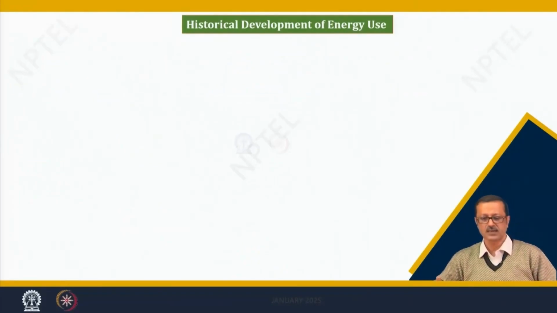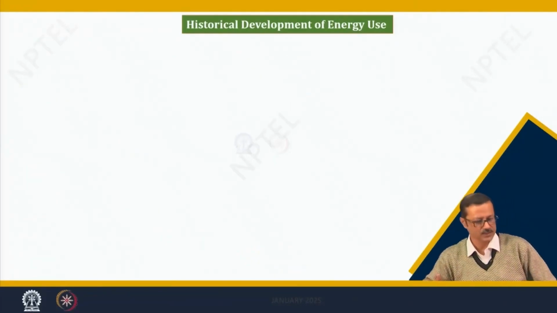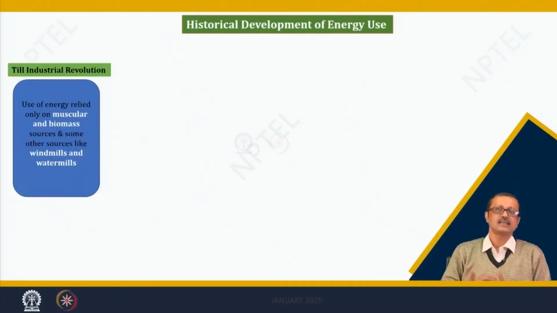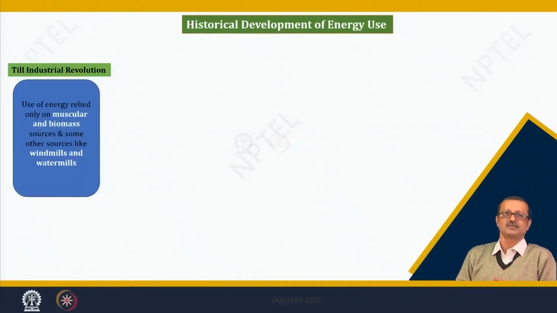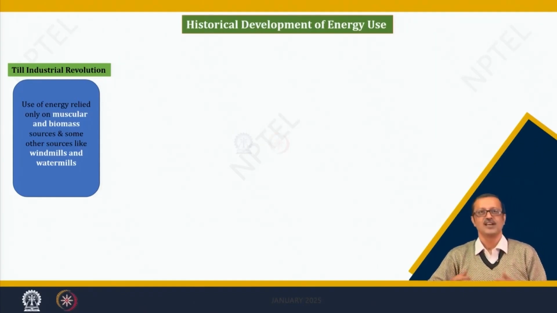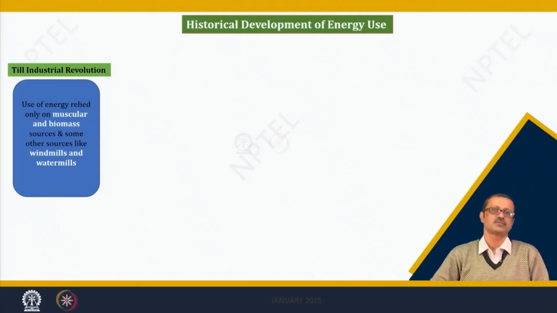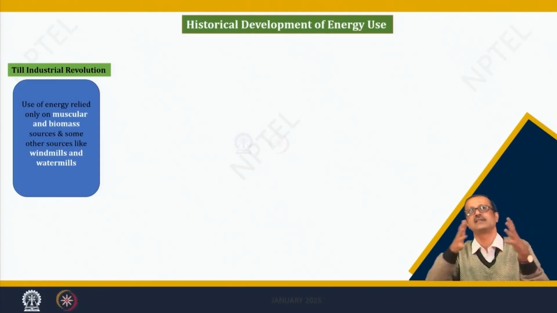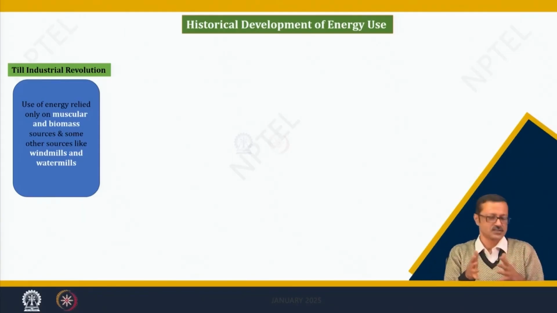Now, let us come back to a little bit of the historical development of energy use. Till the industrial revolution, energy was used as muscular power or biomass. Sometimes we used windmills or water mills. Please see how it has transformed within the last 150 years or so.